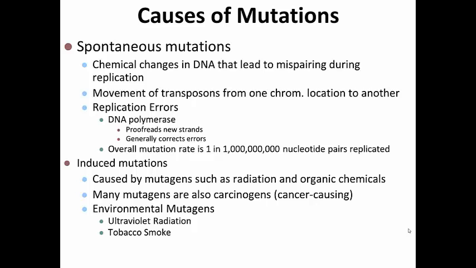So environmental mutagens include things like UV radiation, and that includes radiation that you're exposed to as you walk outside. It's a fairly powerful inducer of mutations.